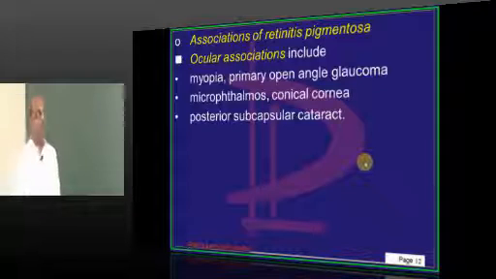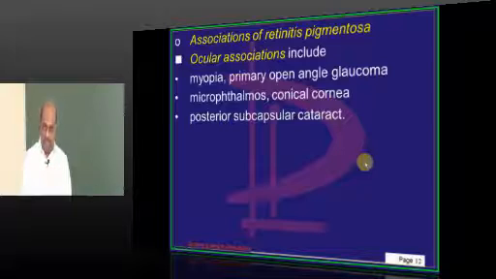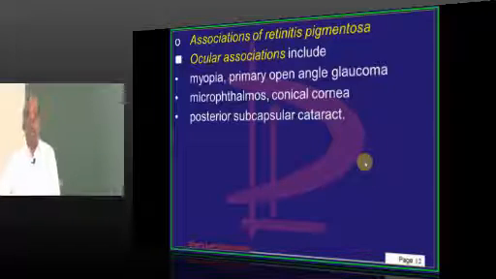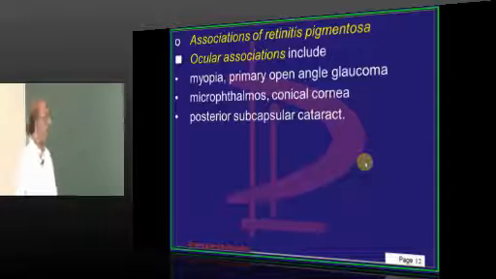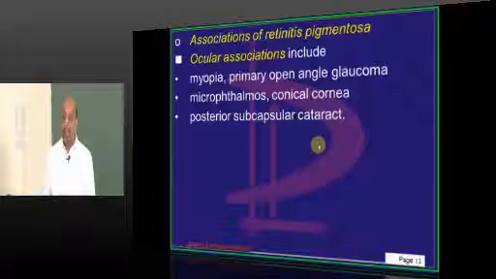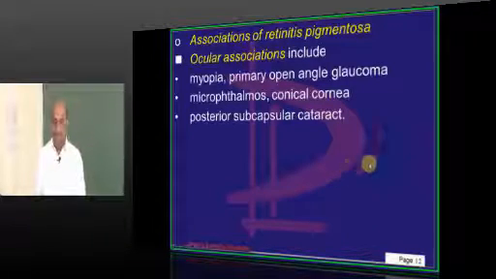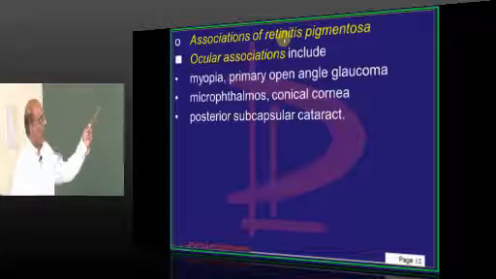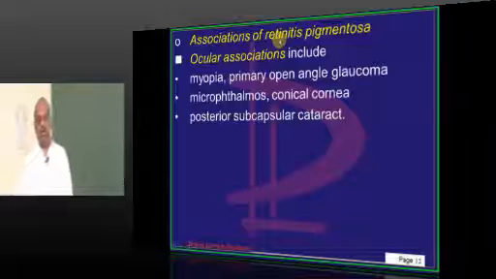These are the subset of population in which, instead of a genetic development, an acquired form of retinitis pigmentosa can develop, because in all these people there is a development of retinal degeneration, and that degeneration leads to rods getting affected, and that leads to a retinitis pigmentosa like situation. So that is the acquired causes of retinitis pigmentosa.